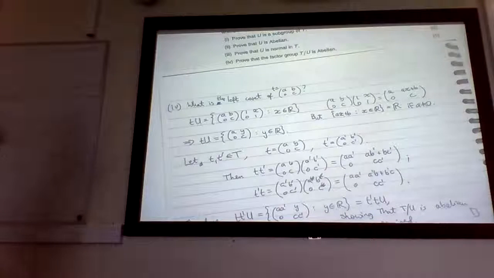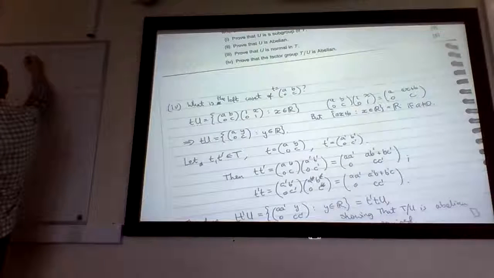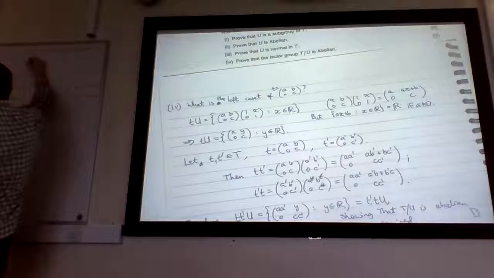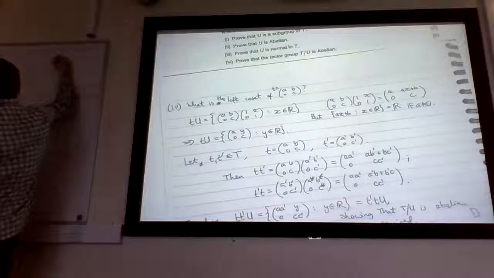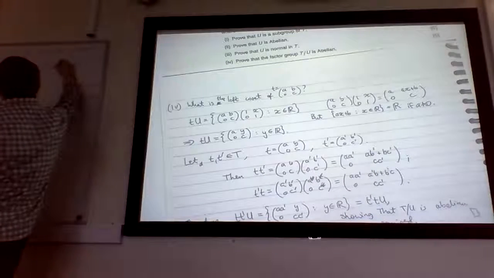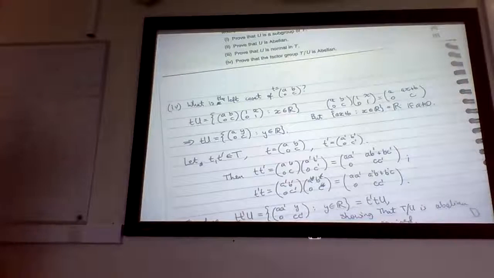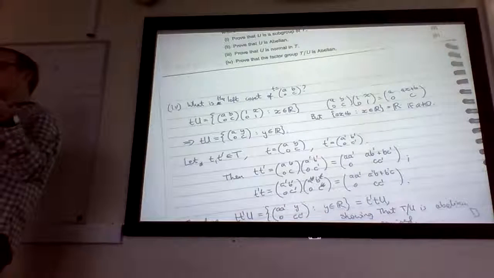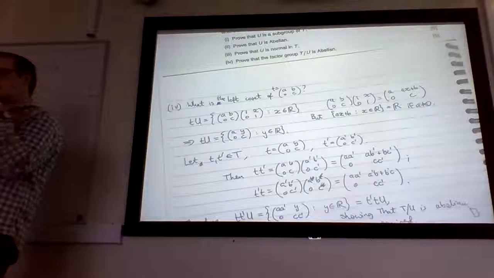If you want to define two left cosets of capital U in T, shouldn't you write like T u1 and then T u2? Well, no, I shouldn't be talking about little u. I'm talking about capital T. Remember, capital T is the large containing group. The elements of the factor group are cosets of the subgroup. So the subgroup is U.